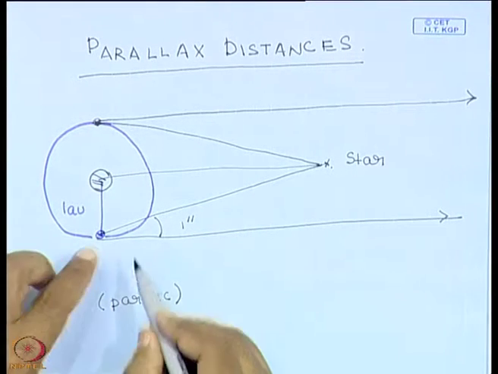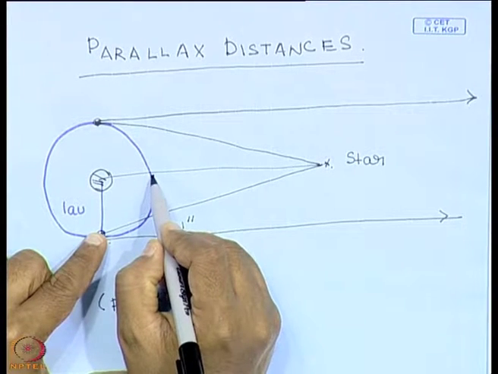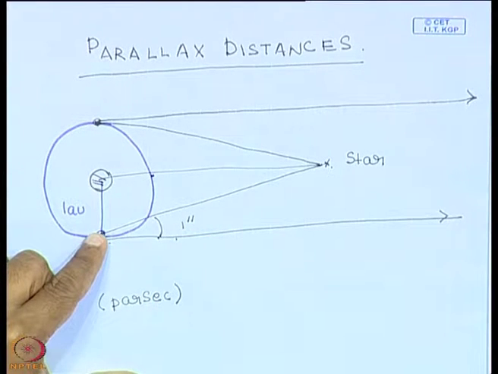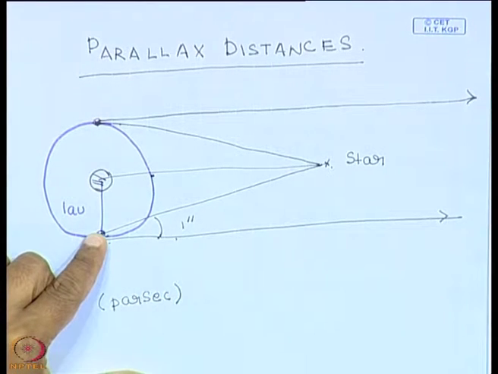So, the parallax angle between this position and this position would be 1 arc second, or the entire parallax angle at a 6 months interval would be 2 arc seconds.